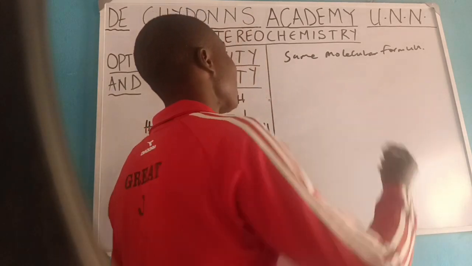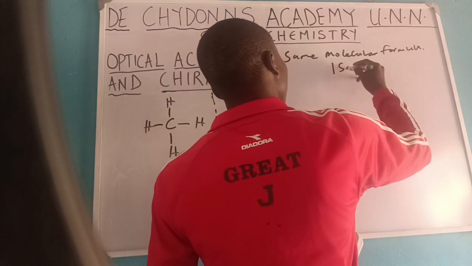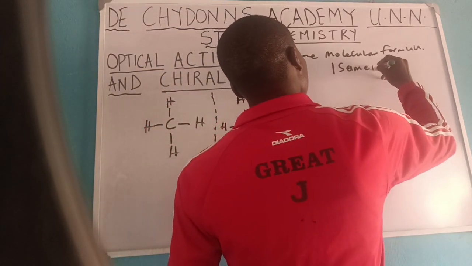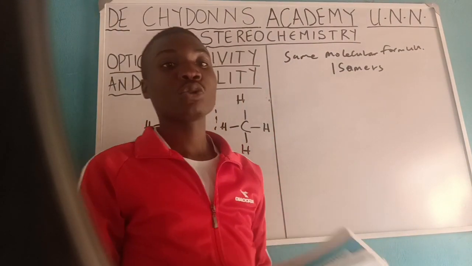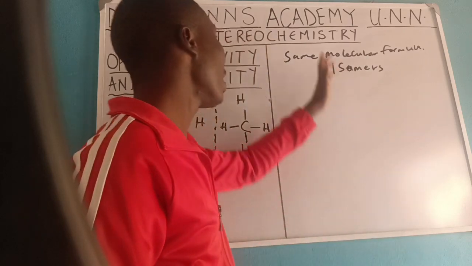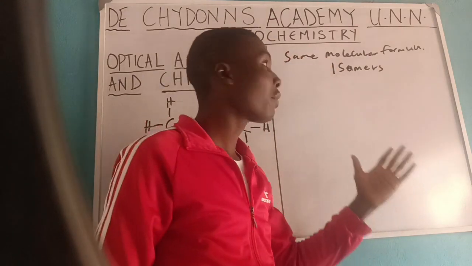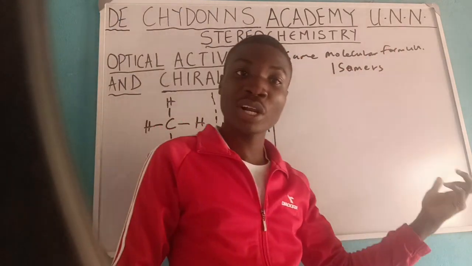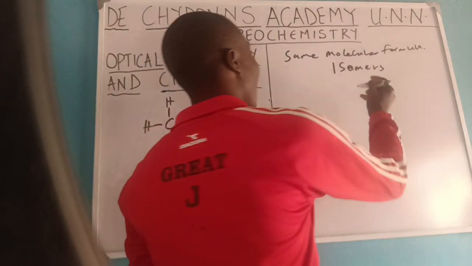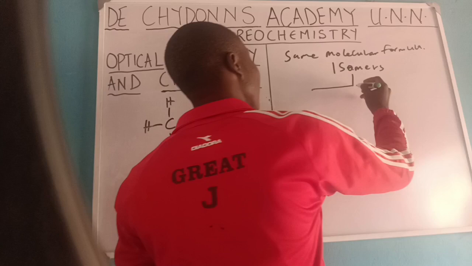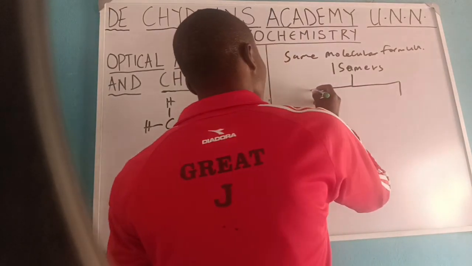Now, isomers are divided or categorized into different groups. Like I already mentioned, isomers refer to compounds that have the same molecular formula, but different arrangements. Basically, isomers are divided into two categories.